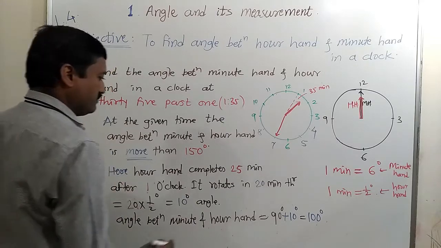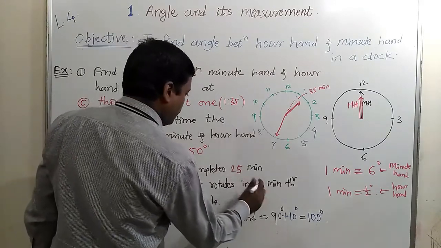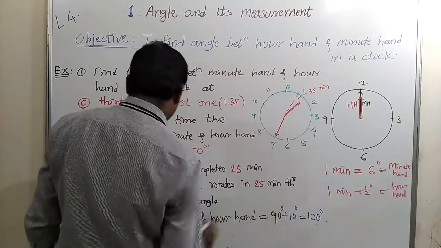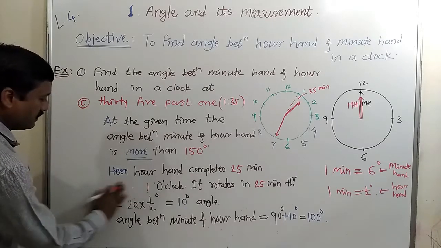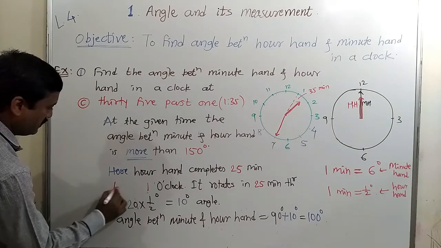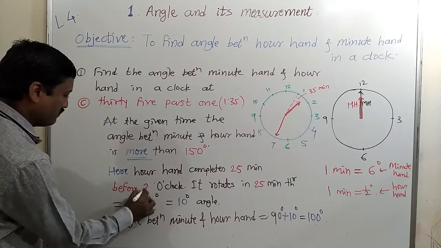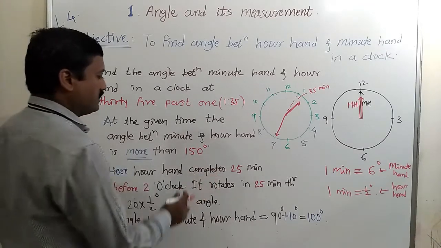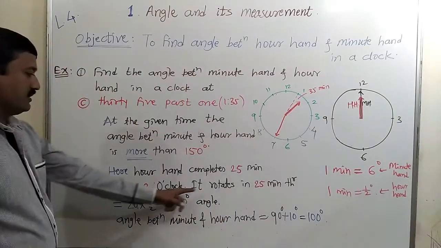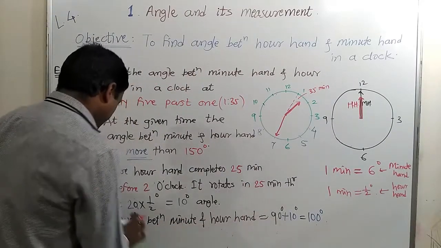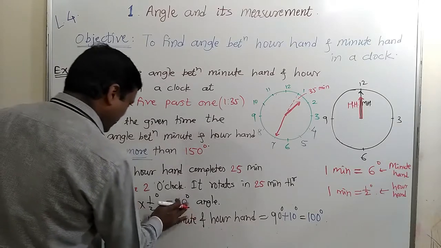So here our hand completes 25 minutes after 1 o'clock. I will write it as before 2 o'clock instead of after. Before 2 o'clock, the hour hand will complete 25 minutes here. Before 2 o'clock, it rotates in 25 minutes through 25 into half degree.